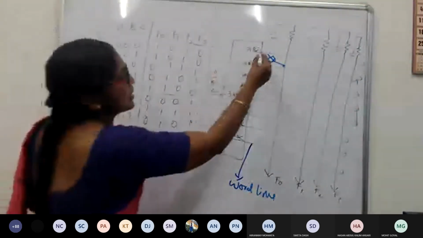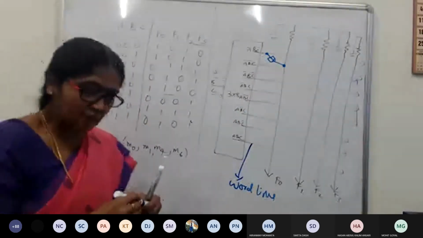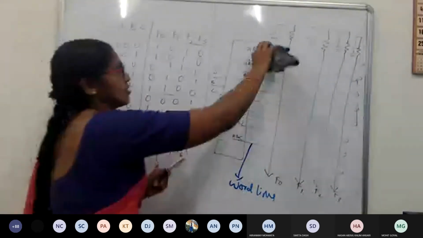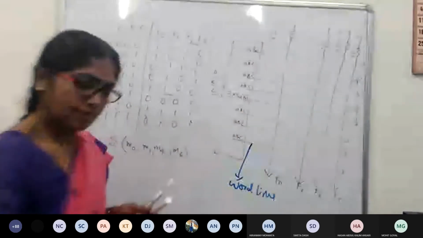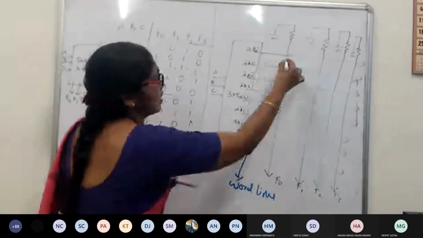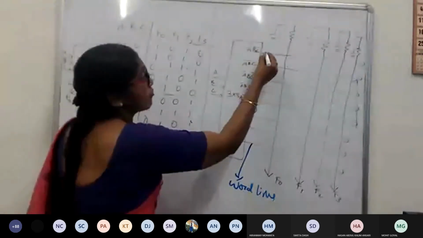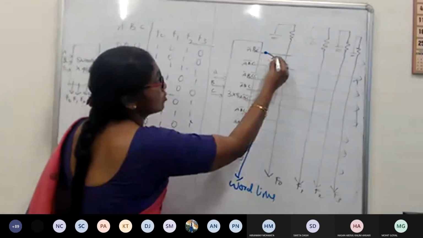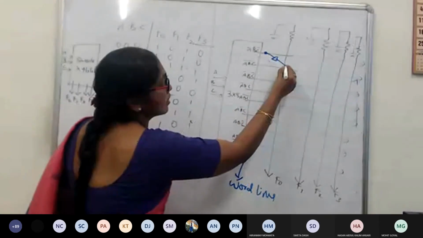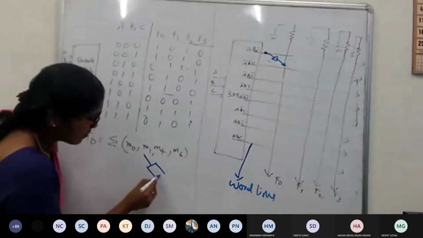So now this line, a connection is made to this line. Now please carefully understand. Again, I will redraw so that there won't be any confusion. This is this line, this is this line. I am taking a switch from this word line to this one. What is that switch? It is like this.